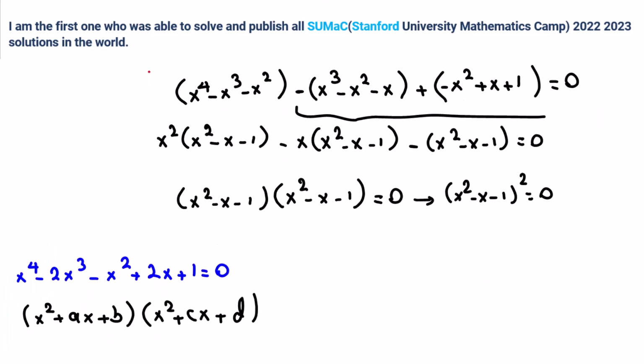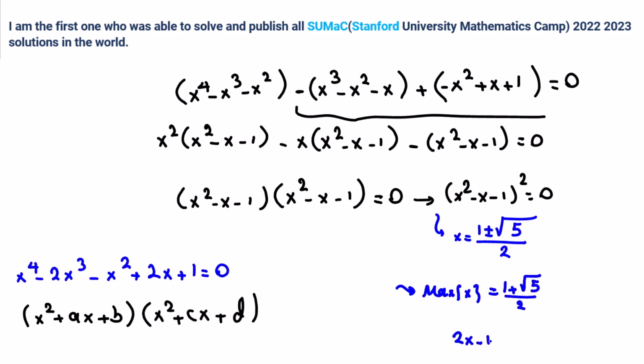Here the roots are what? This root 2, right? Yeah. So maximum x is (1 plus root 5) over 2, right? So in this case, 2x minus 1 is root 5. So (2x minus 1) to the 4 is 25, as you said, right?